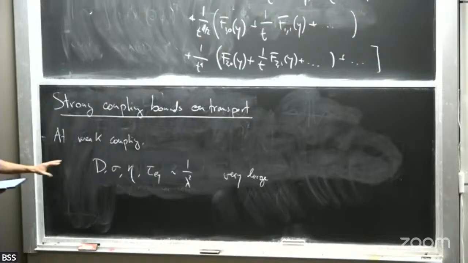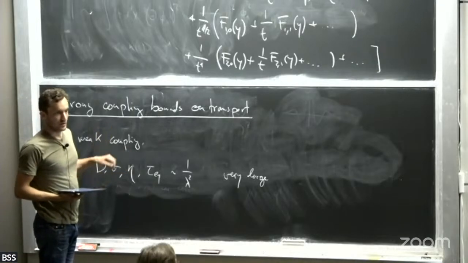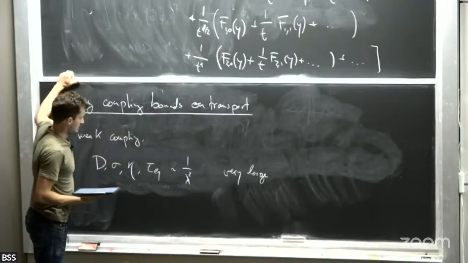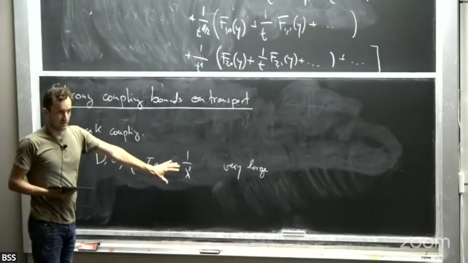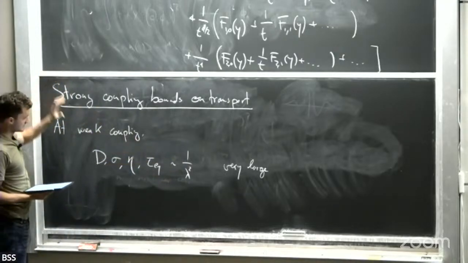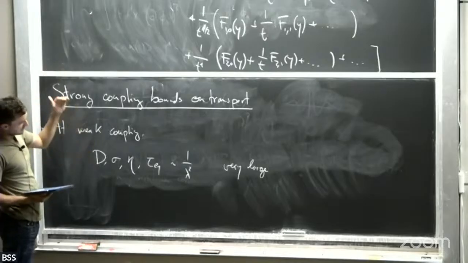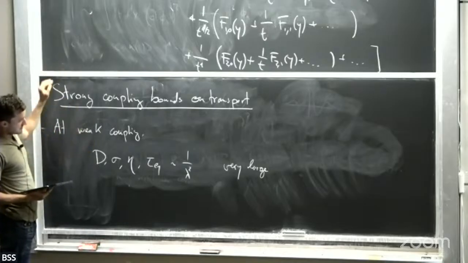So transport is very large, and you can make it smaller and smaller by cranking up the coupling, by going to stronger and stronger coupling. Of course, at some point, this weak coupling prediction fails, and you shouldn't trust it. But at least it seems like you can make these parameters smaller and smaller.